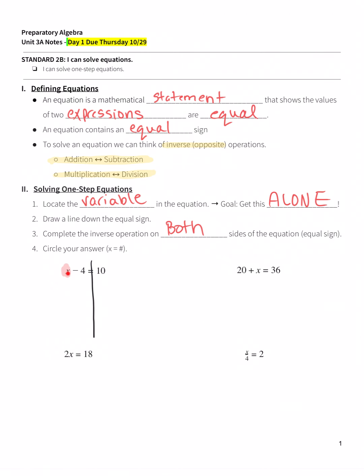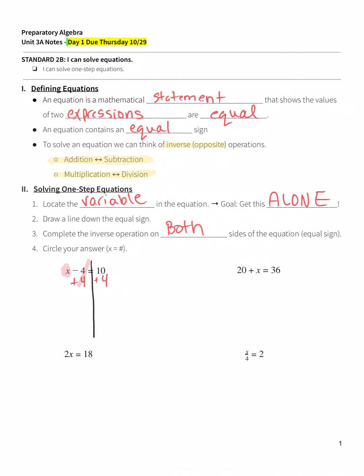So here we go. Our first step, find the variable. Second step, draw our line. Third step, do the inverse operation. So we see we have a minus 4 here. And what is the opposite of subtraction? Addition. So that means we need to add 4 to both sides. Once we add 4 to both sides, this actually disappears because negative 4 plus positive 4 is 0.